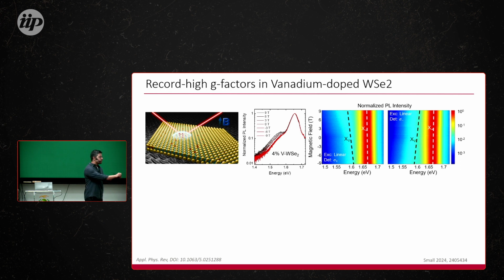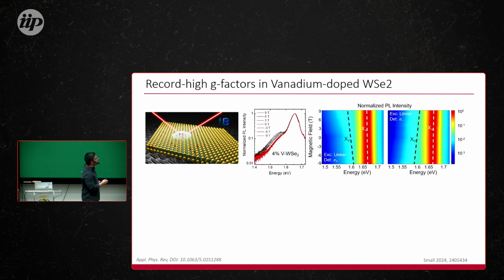I'm replacing tungsten atoms with vanadium. So this creates some kind of zero-dimensional defect, and this creates a new electronic transition. This is the electronic transition I'm observing with the magnetic field. Here on the left and right side, I'm rotating the light, not the sample, in one direction and then the other.